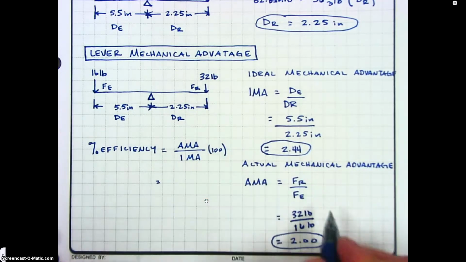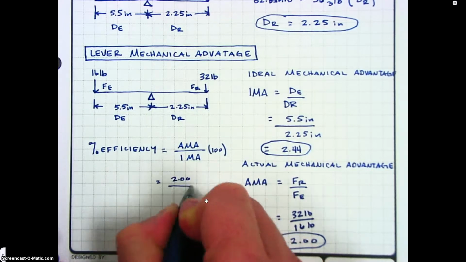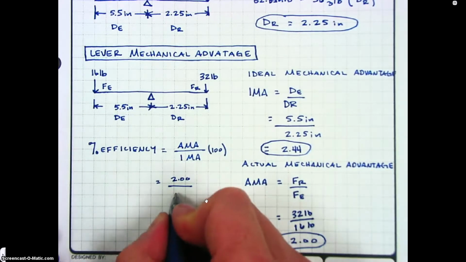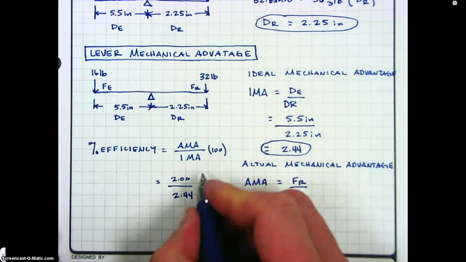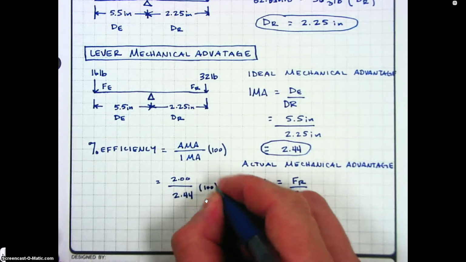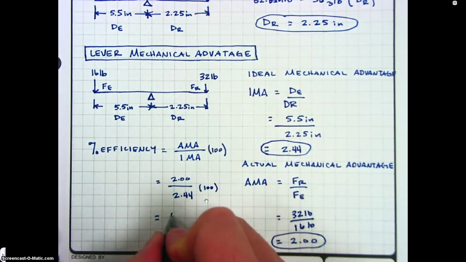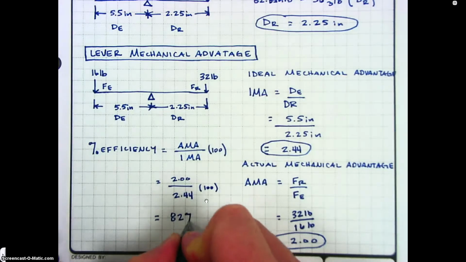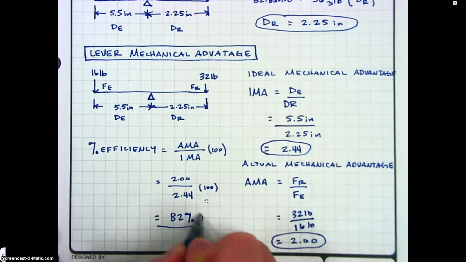And so our actual mechanical advantage was 2. Our ideal mechanical advantage was 2.44. Divide those numbers and multiply by 100, and you get an efficiency of about 82%.